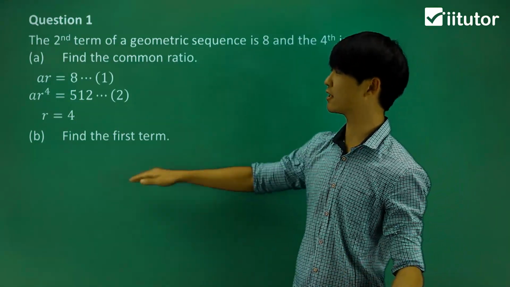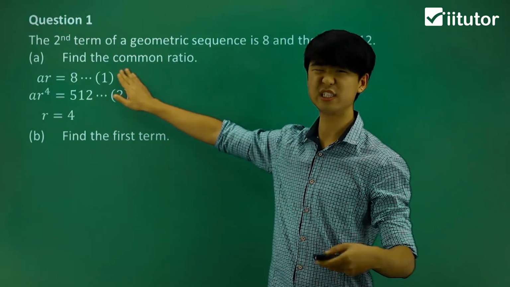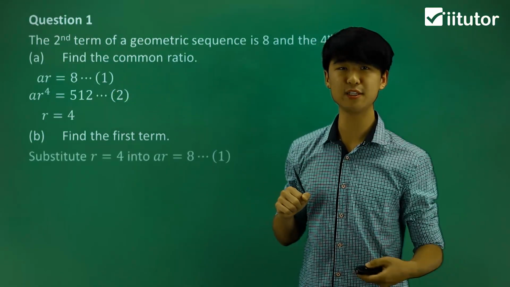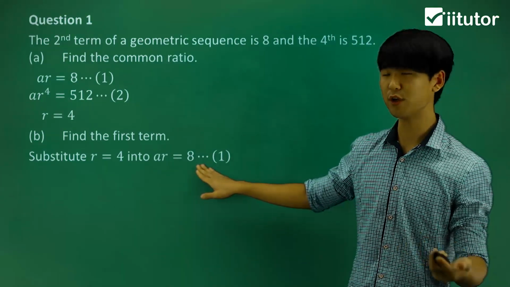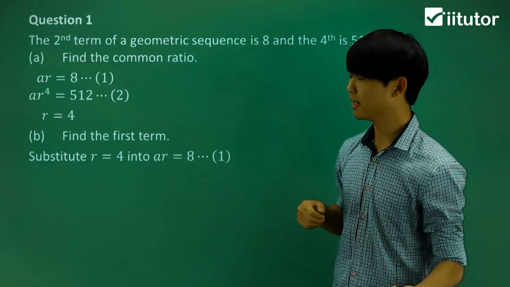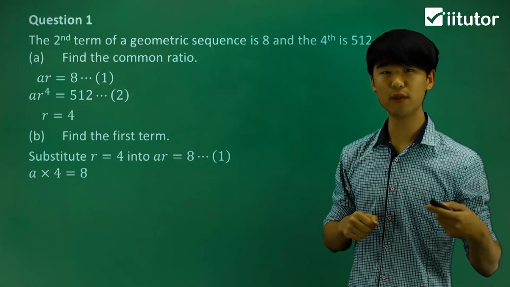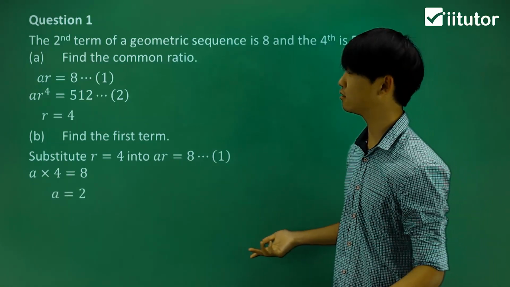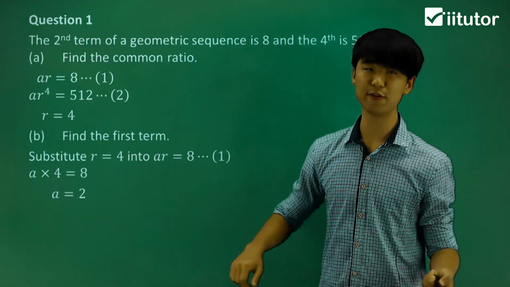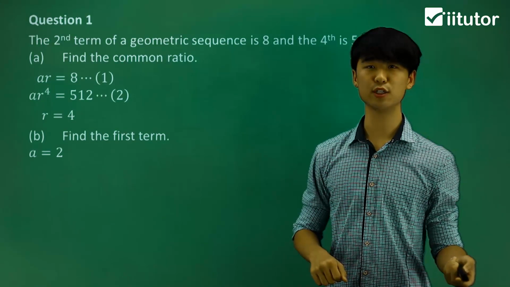I can theoretically sub it into 2 or 1, but let's just sub it into equation 1. So ar is equal to 8, and if I put r equals 4, we can see that a equals 2. So that's my first term, and we'll leave that as a note.